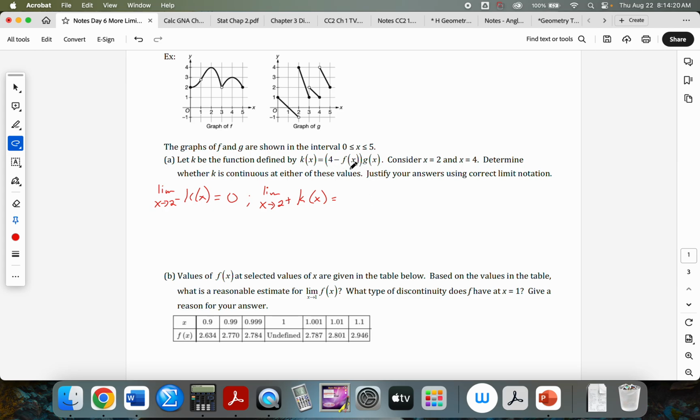That's going to be 0 times, as we approach 2 from the right, that approaches 4, but that doesn't much matter. This is still going to be 0. So the limit as x approaches 2 of k of x is indeed 0.